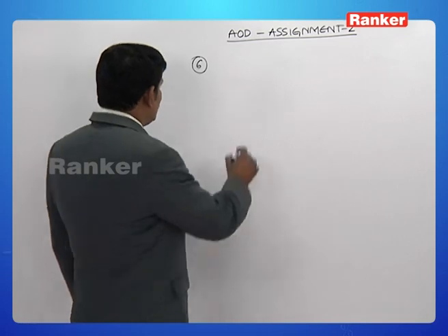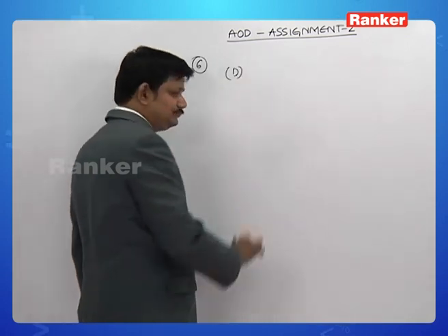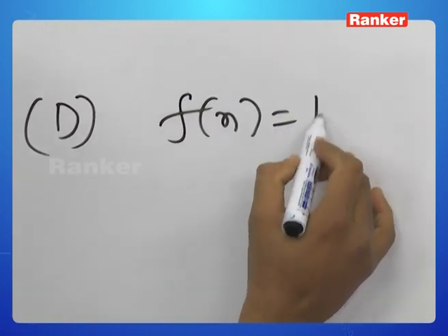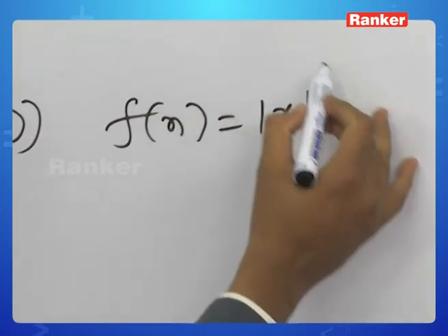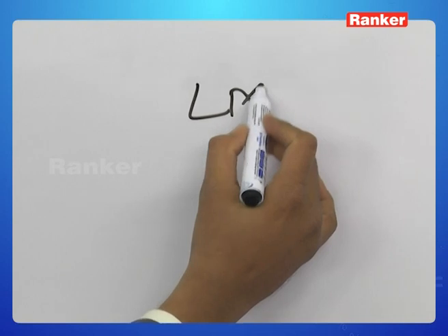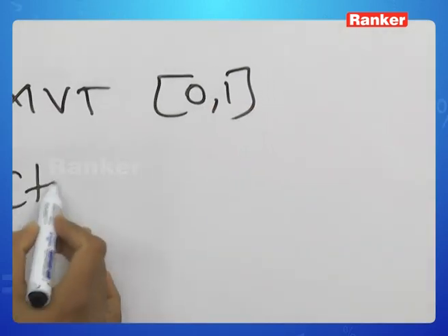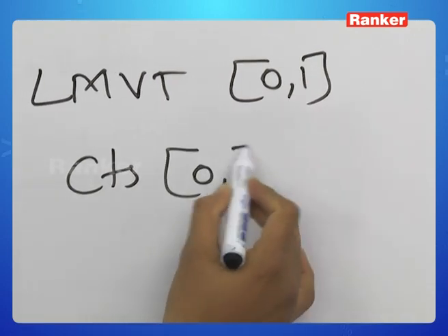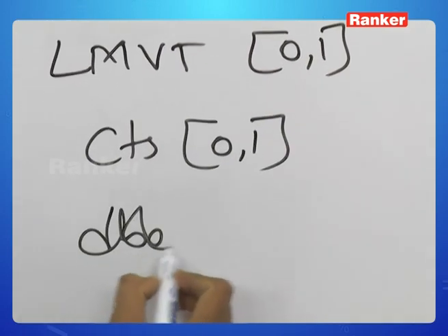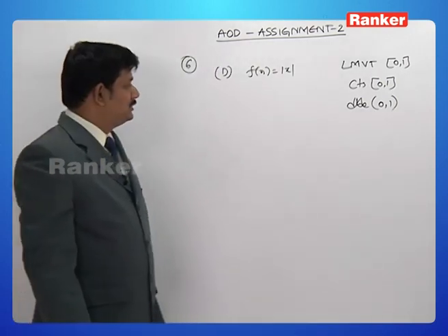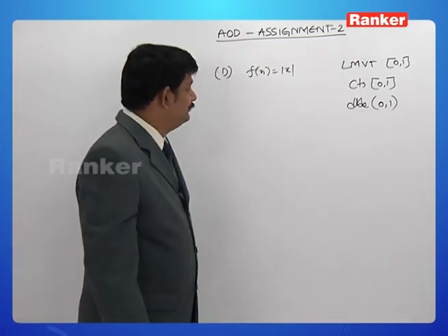So, let us start from the last, option D, f of x is equal to mod x. For Lagrange's mean value theorem to be applicable in closed interval 0 to 1, the function needs to be continuous in closed 0 to 1 and differentiable in open 0 to 1. There are only two conditions which the function should satisfy.